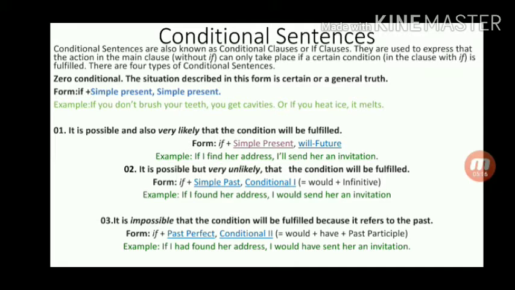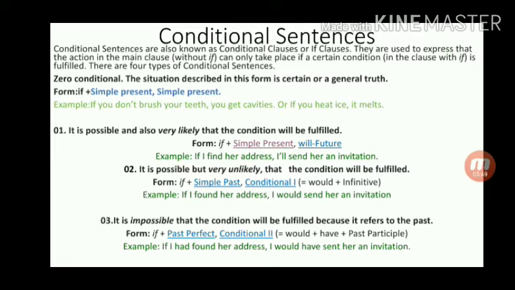Then, after the zero conditional is the first conditional. In the first conditional, it is possible and also very likely that the condition will be fulfilled. There is a higher possibility in the first conditional. We use the first conditional when we talk about future situations we believe are real or possible.